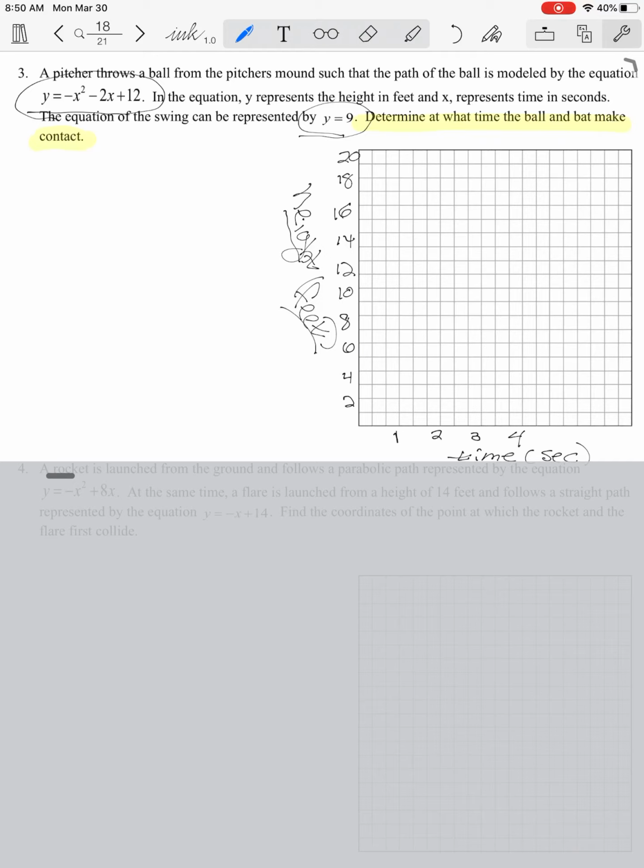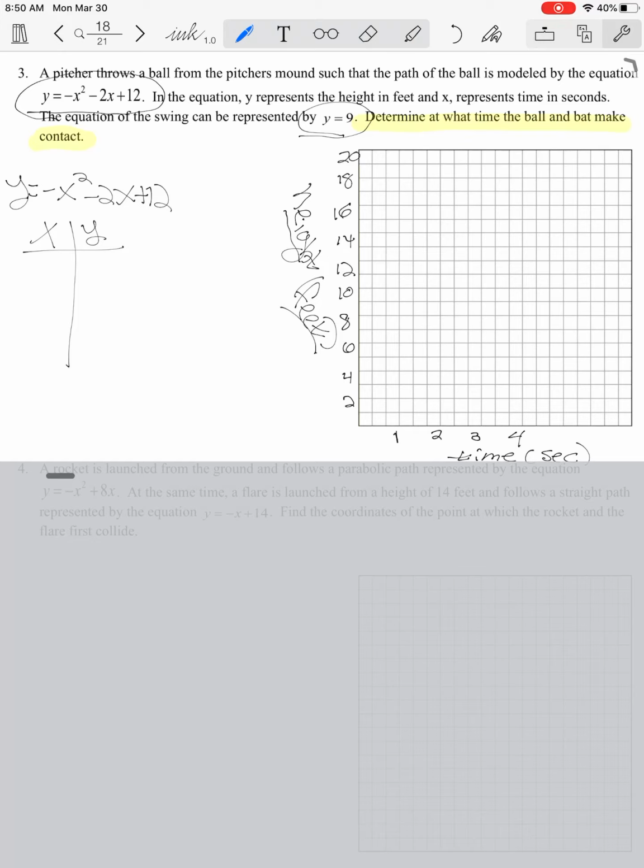Our first graph will be our parabola. So we'll come over here and we'll put it in our calculator, and we'll graph our parabola. Remember, we must always start at 0 since there are all positive numbers. We are only working in quadrant 1.